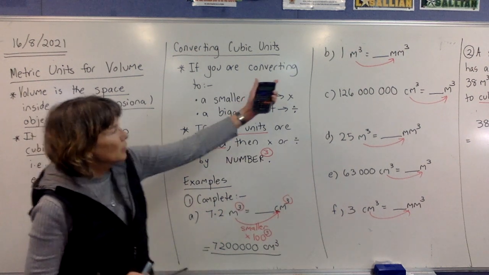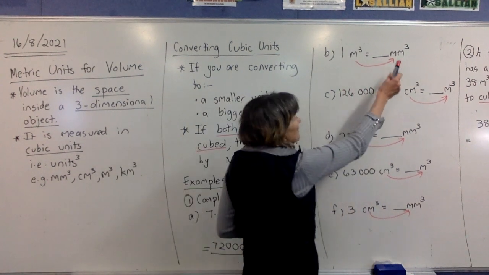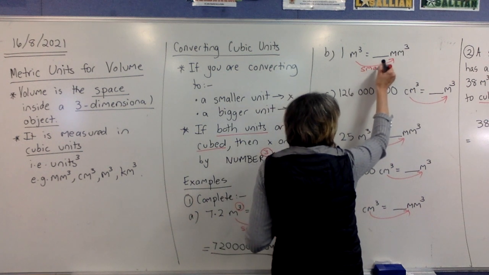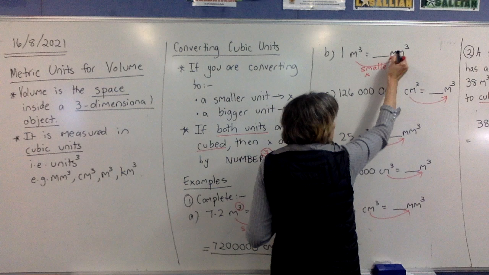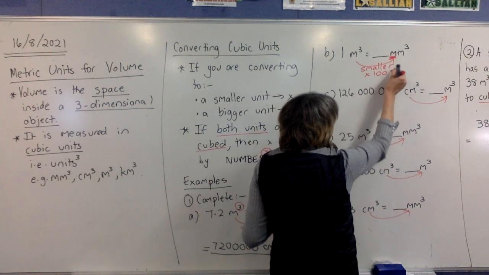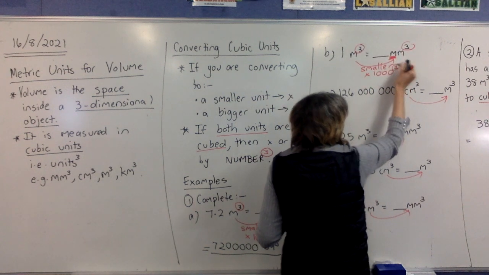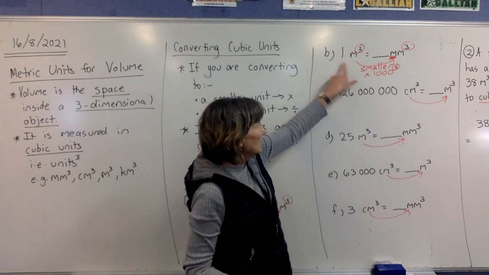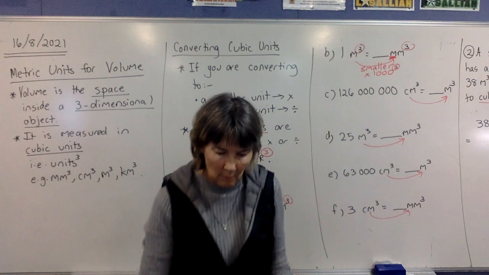Okay, next question. We're having a look at this one up here. So we're going from metres cubed to millimetres cubed. So we're going to a smaller unit. So we're timesing. The prefix is M for milli. That's 1,000. This is cubed, so this is cubed as well. So we're going to put in our calculator 1 times 1,000 cubed.